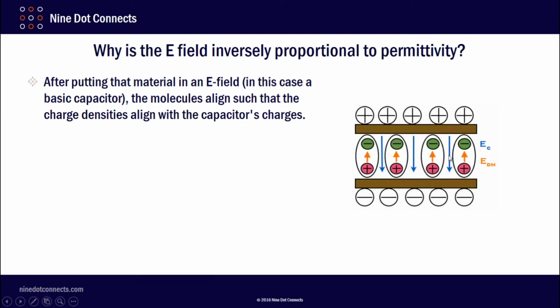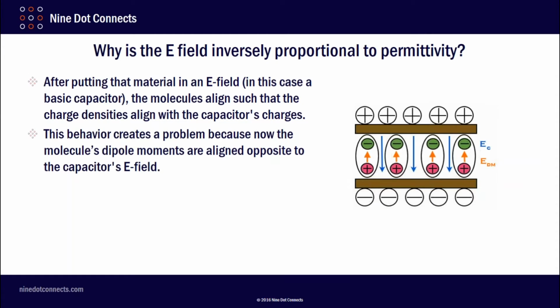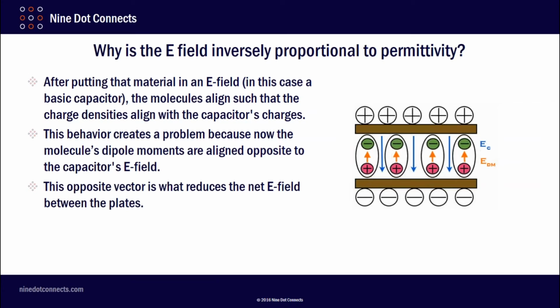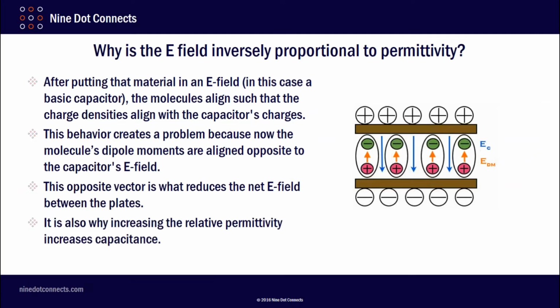Now notice that the E field, in blue, is opposite to the orange arrows. This is going to create a problem, because now these dipole moments are aligned opposite to the capacitor's E field. This opposite vector is what reduces the net E field between the plates. It is also why increasing the relative permittivity increases the capacitance.